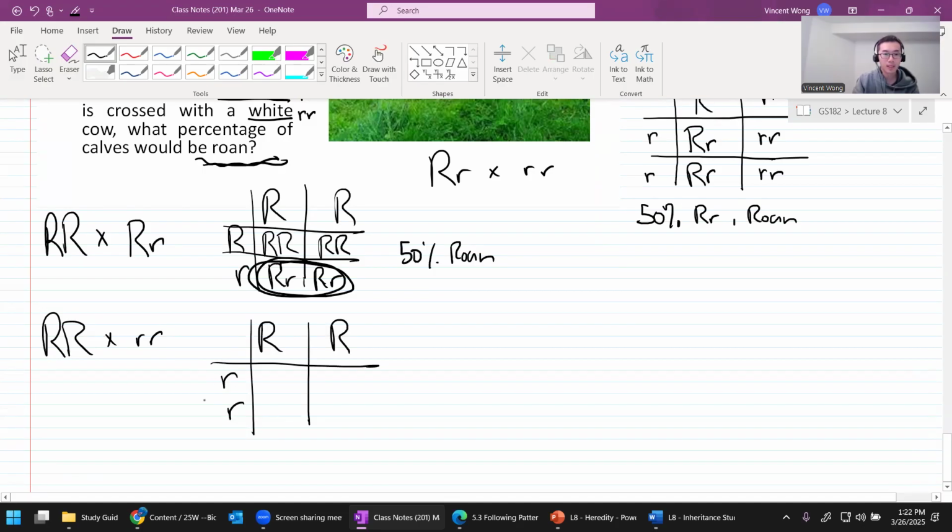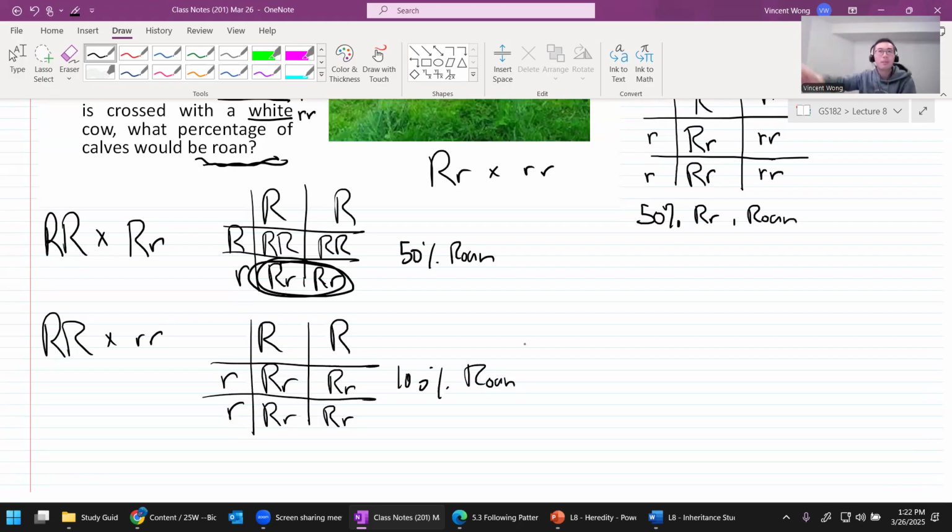If we do red and white, what's going to happen? 100% roan. Which is interesting, because sometimes people think, okay, if I want 100% pink flower, then maybe I start with pink and pink. Not necessarily.